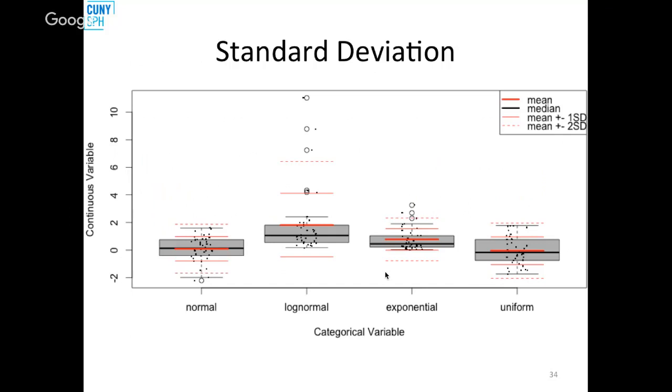So in the normal distribution, they're kind of in the same place as where the boxes are. I think that's why the whiskers ended up being placed at 1.5 times the interquartile range, because that's about where the mean plus 2 standard deviations is in a normal distribution.